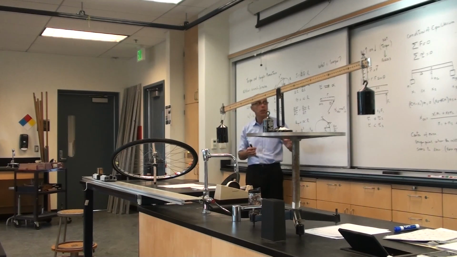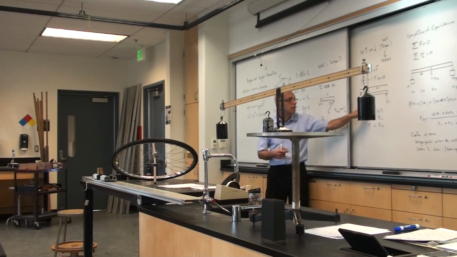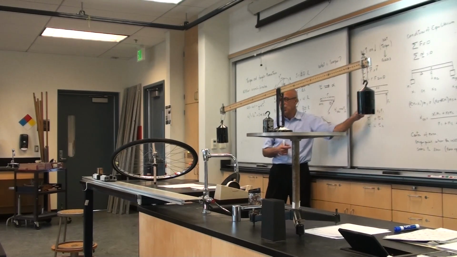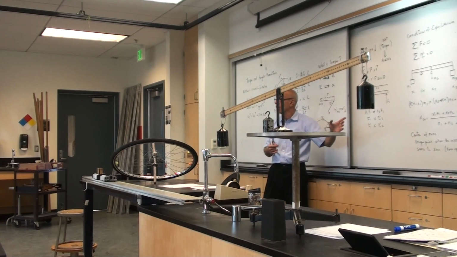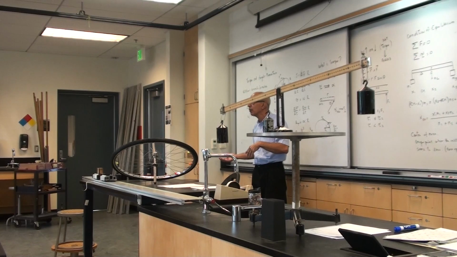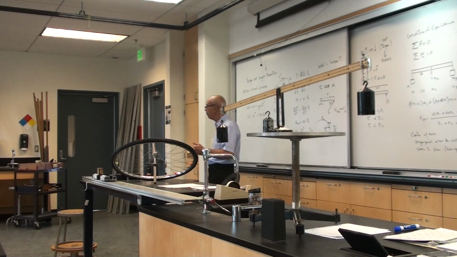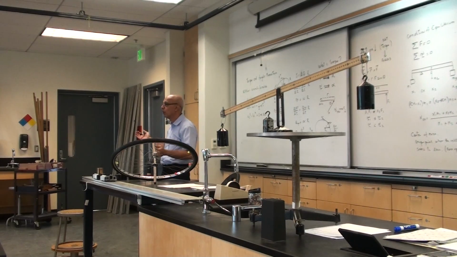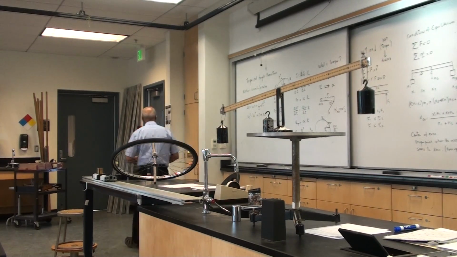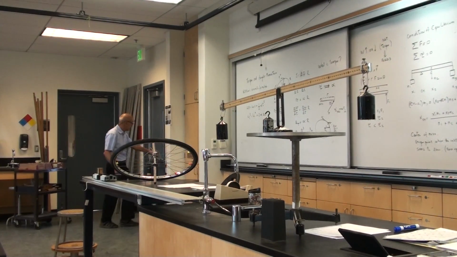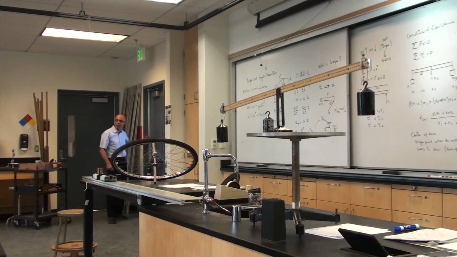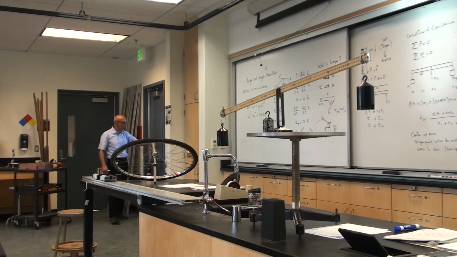Now, my question is, if I apply the same force in different locations, is it going to be the same torque? No, right? And you can feel that when you try to open the door. If you open the door at the most distance from the axis, this is the axis, right?